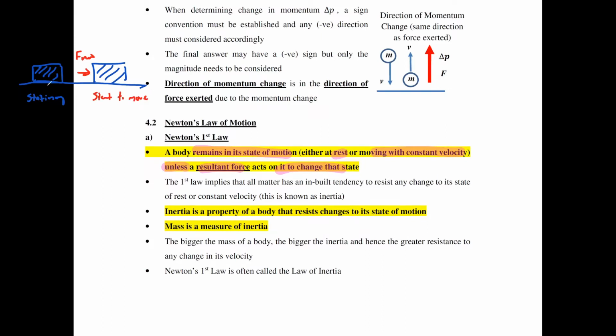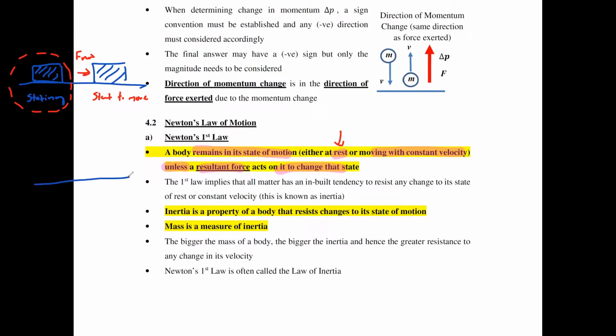With no resultant force, your object will just remain stationary. But once you have a resultant force, this object will start to move. It remains in a stationary state unless a resultant force starts to act on it.